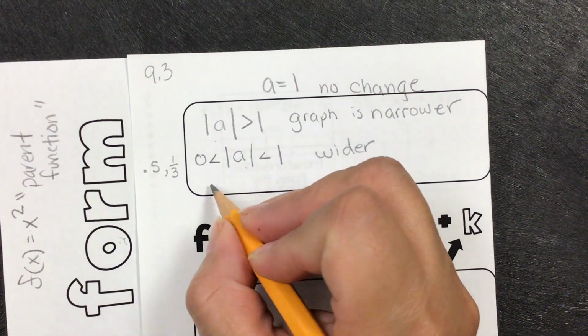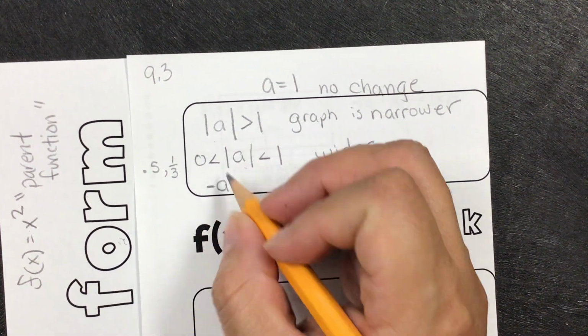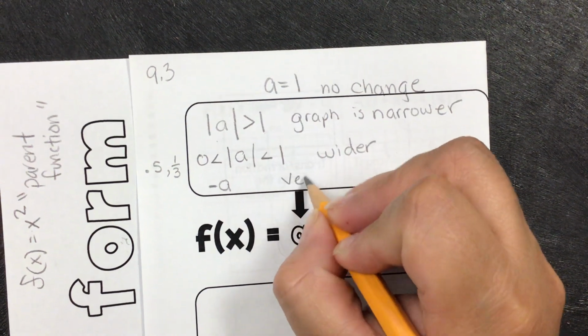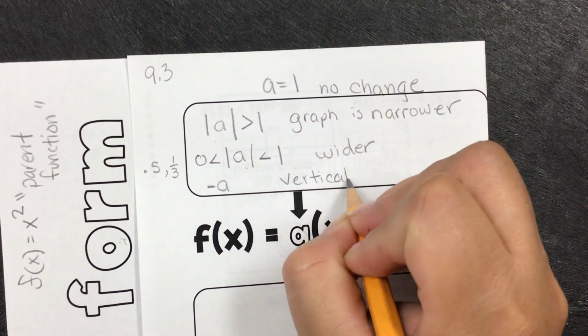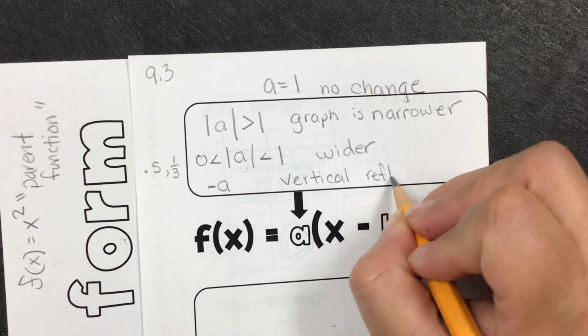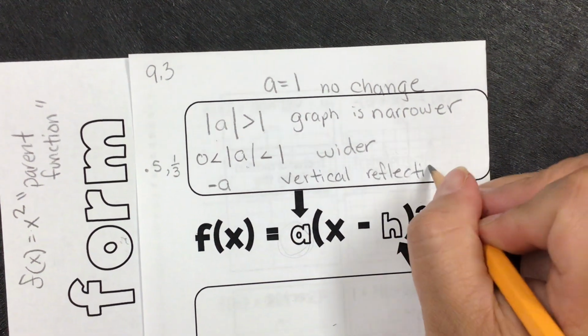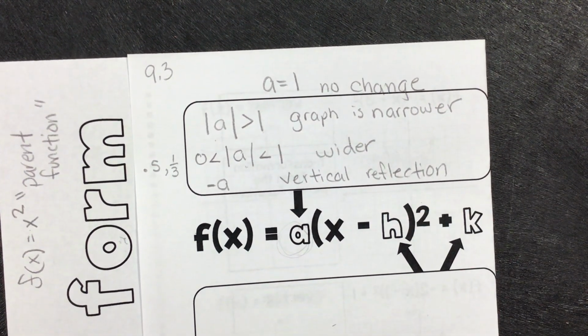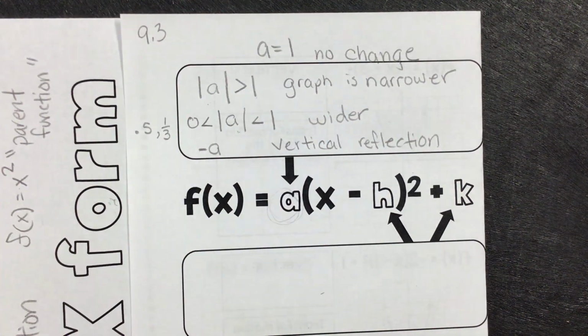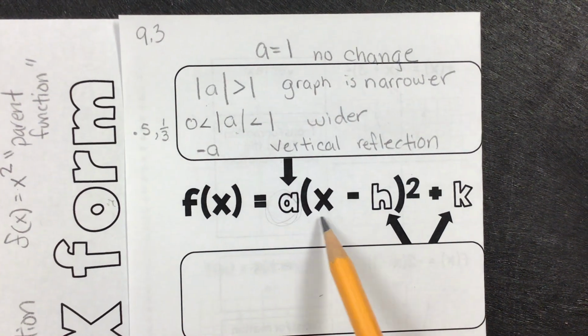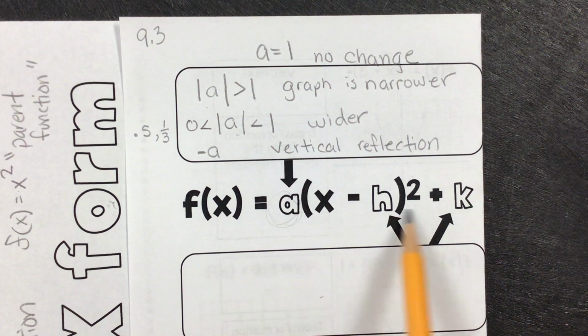How about if the number is negative? We say that that is a vertical reflection. We're still looking at quadratic, so it does have x squared, but it's going to look at this form right here.